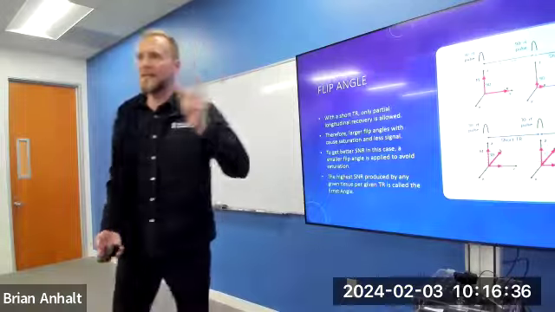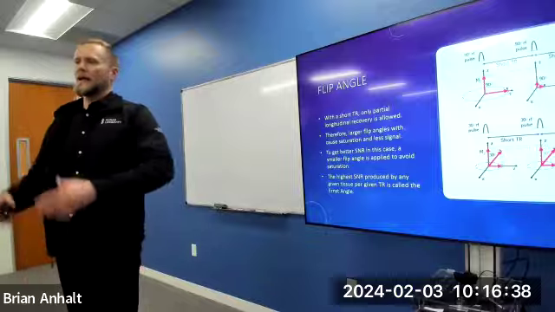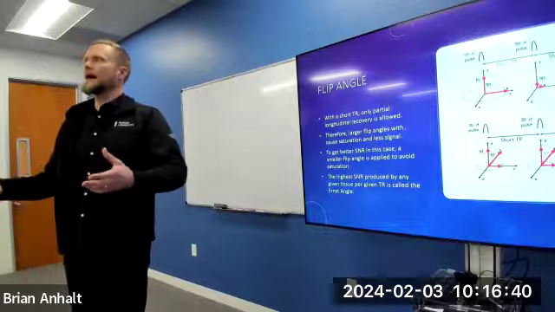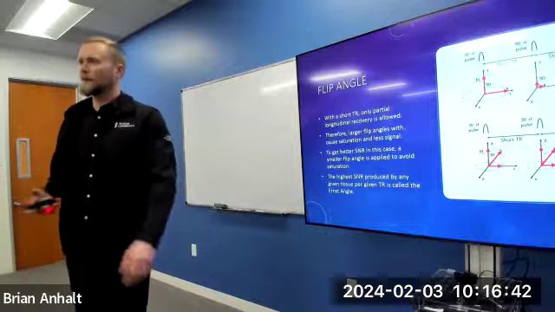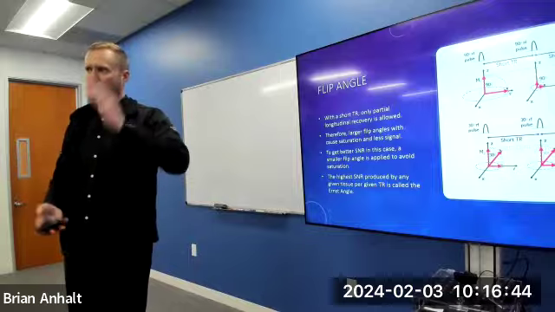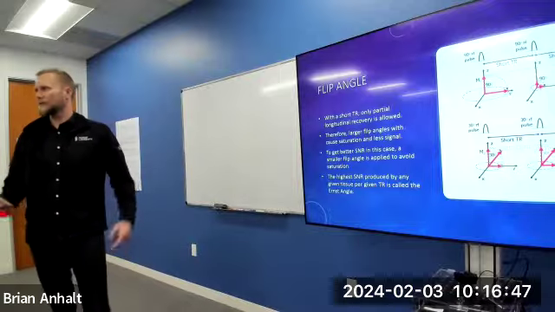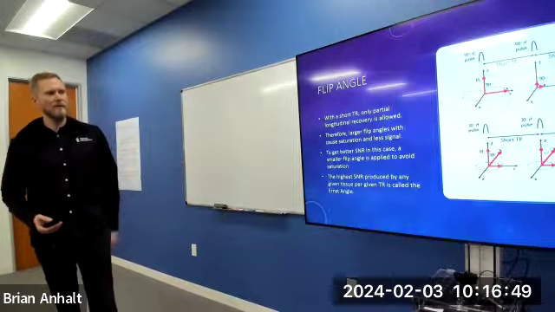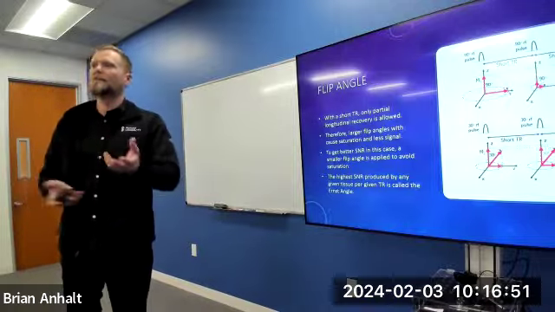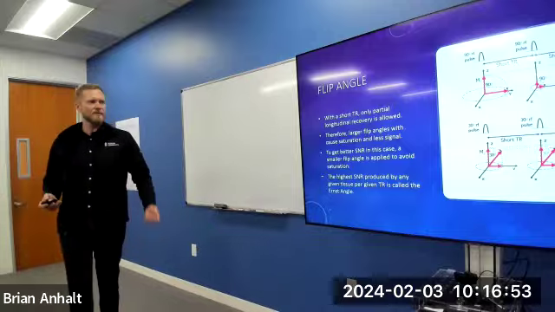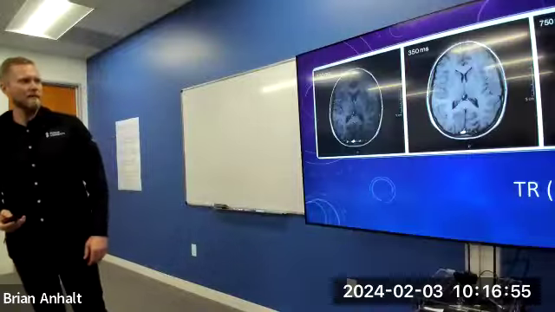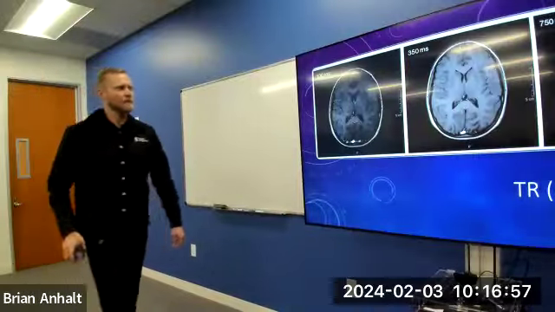So if I give you a TR and I want to know what the highest signal water will create at a given TR, I can tell you that angle, and that angle is the Ernst angle. It's not something you need to know as MRI techs, like you're not going to have to memorize Ernst angles. You just got to kind of understand what it is. So let me give you an example. Let's go back to here.